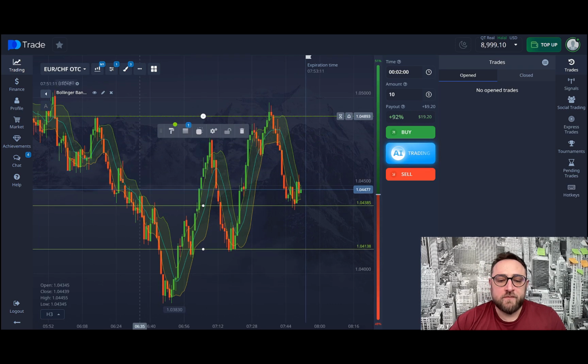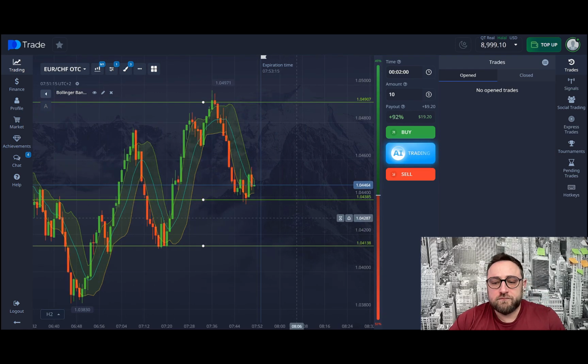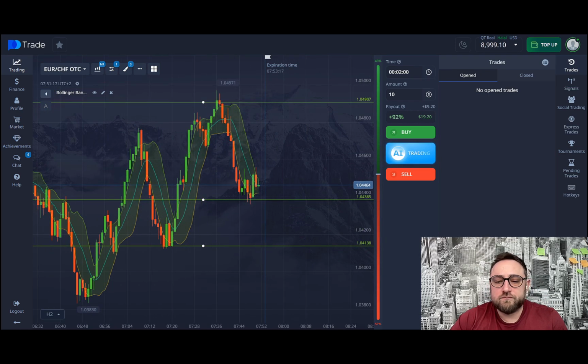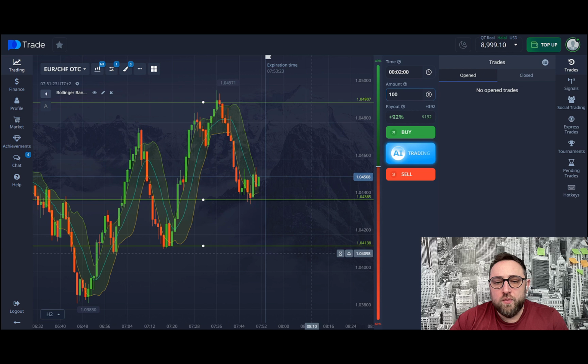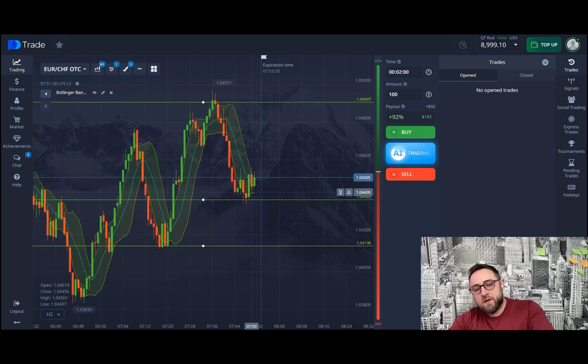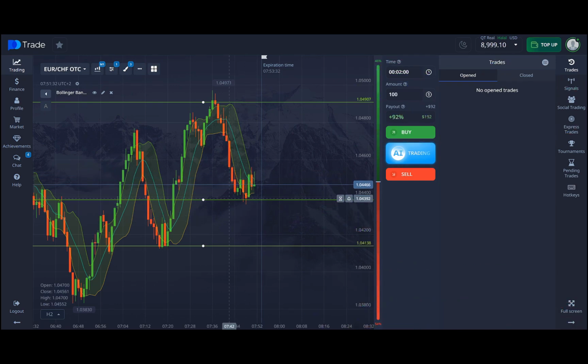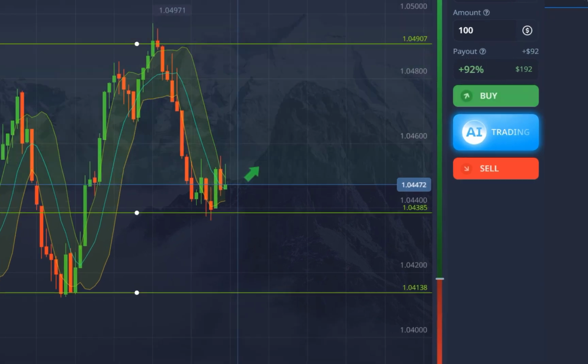Let's bounce. We'll open trades for 2 minutes at $100. Here we can see that the price has already bounced off a support line. So we'll predict further price moves.